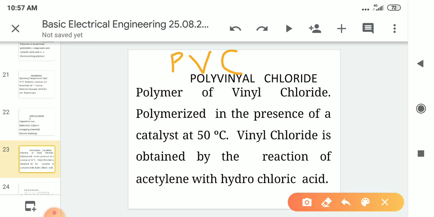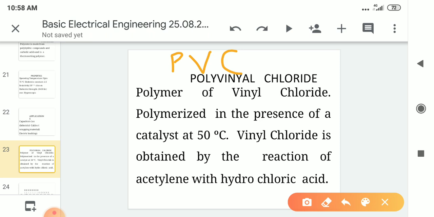It can also be obtained by polymerization of ethylene dichloride and sodium hydroxide in the presence of a catalyst. It does not react with oxygen, oils, alkalis and acids. Means it is chemically strong, chemical resistant.